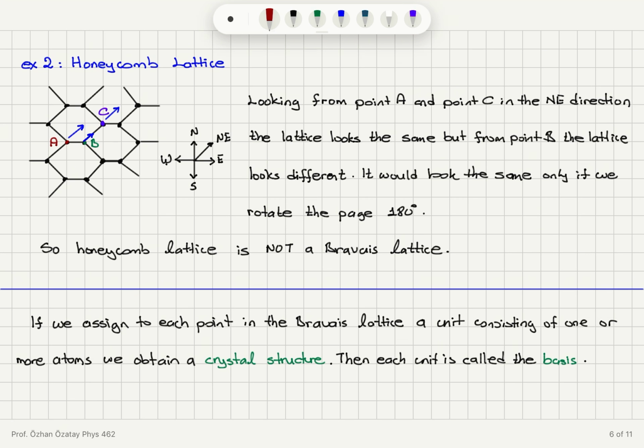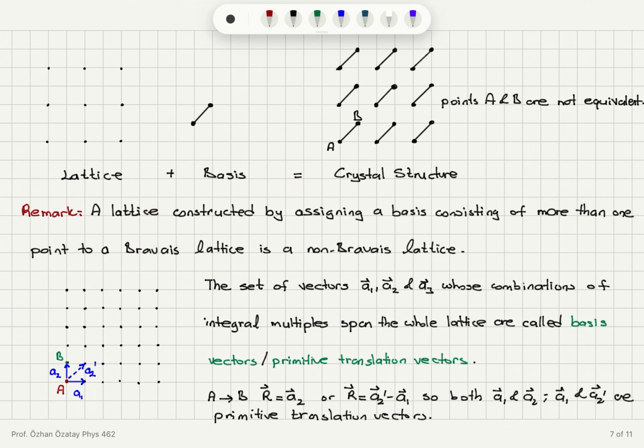Now, when we have a Bravais lattice and we assign to each point in the lattice a unit consisting of one or more atoms, we are going from the abstract concept of the lattice to a real crystal structure. Each such unit is called the basis, and when we add the basis to the lattice, we obtain the crystal structure.